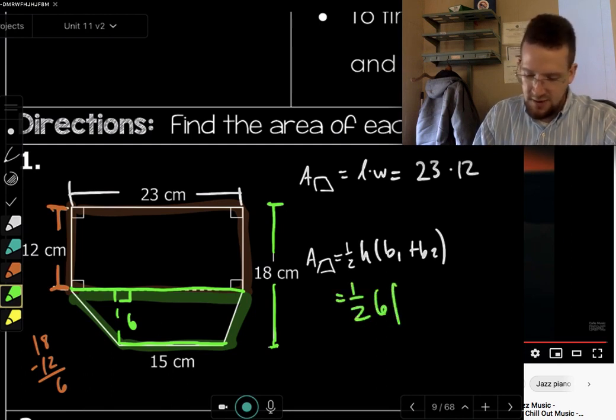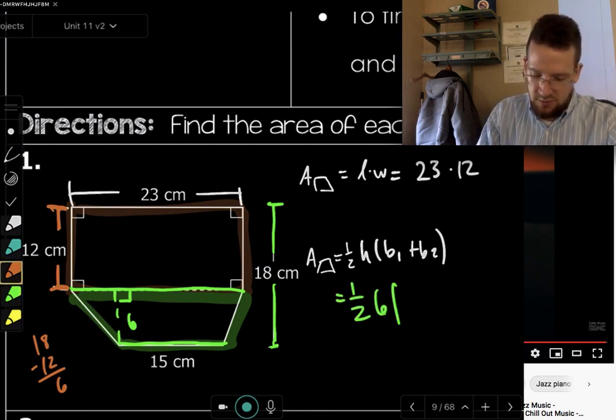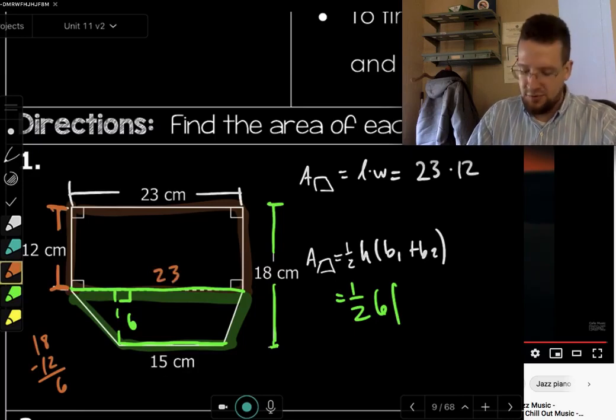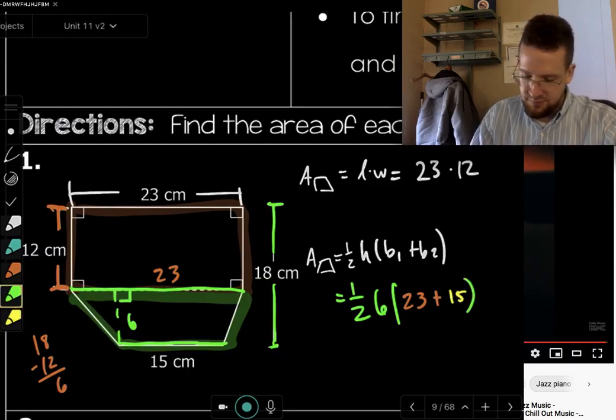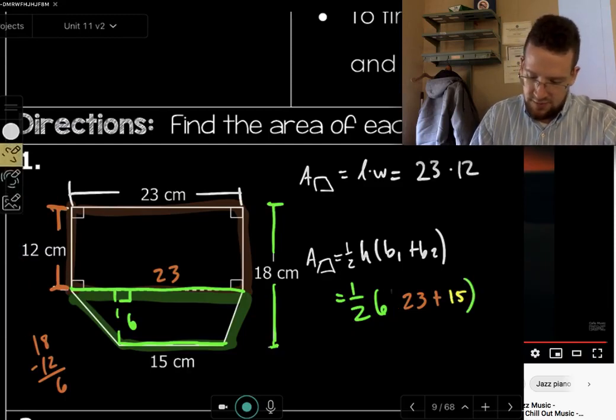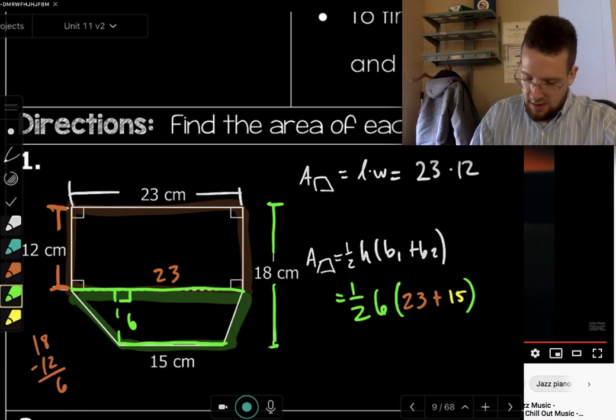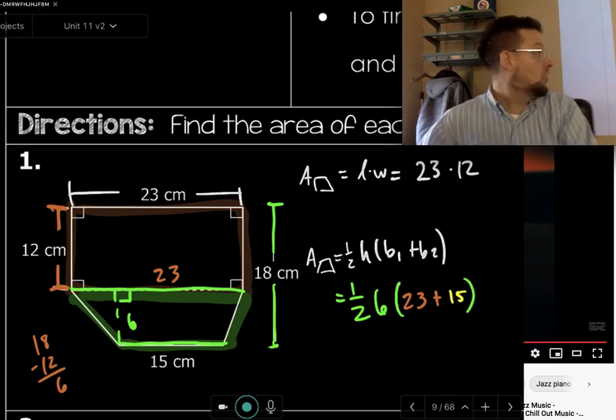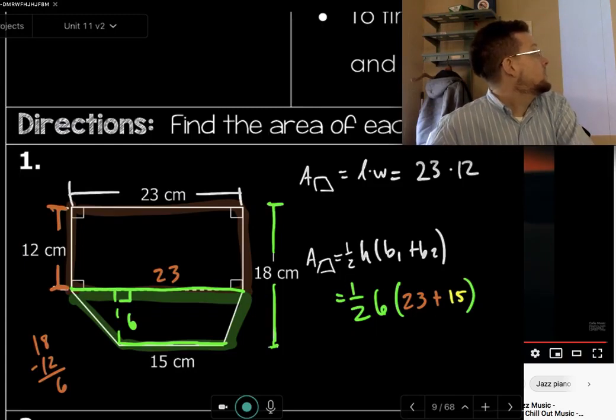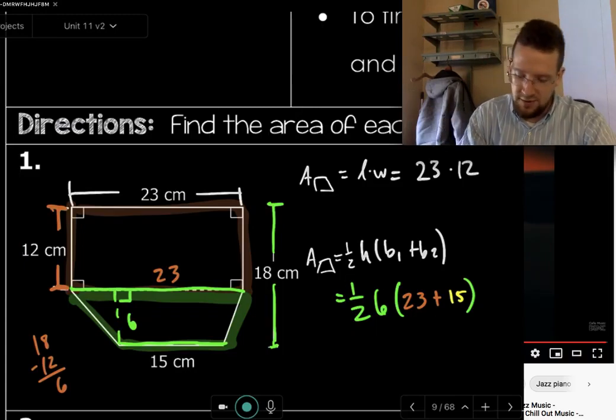1/2 of 6 times the base 1. Well, if this is a rectangle, it's 23 on both sides. So this is going to be 23 plus 15, my other base. Sorry, this is a parenthesis. And now this is just calculator work. 23 times 12 is 276.